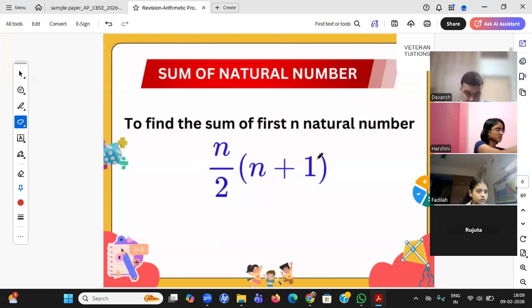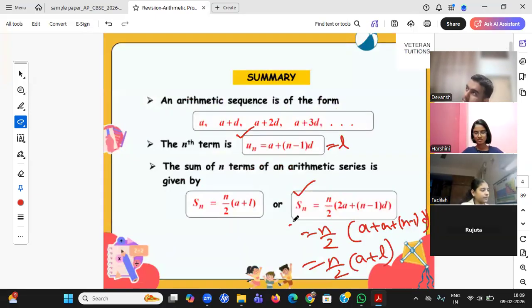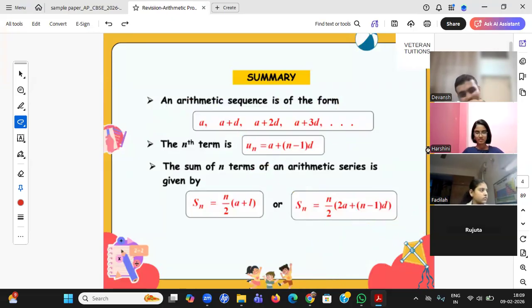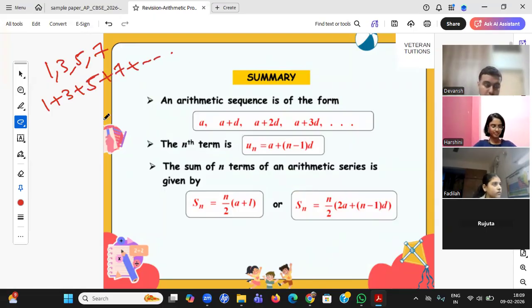I have given some formulas also, right? Sum of first n natural numbers. Student, this is not a different formula; I think I forgot to connect that. We started our session with the n square formula: 1, 3, 5, 7. These are odd numbers. So what did I say? Addition of all the odd numbers, don't do it this way, directly say n square. How did this formula come? From the same formula: n by 2 into 2a plus n minus 1 into d.